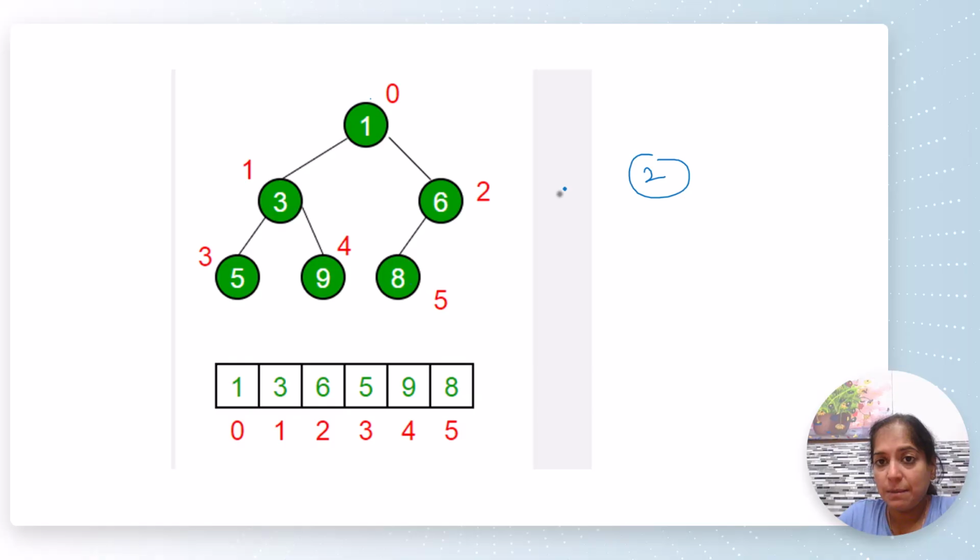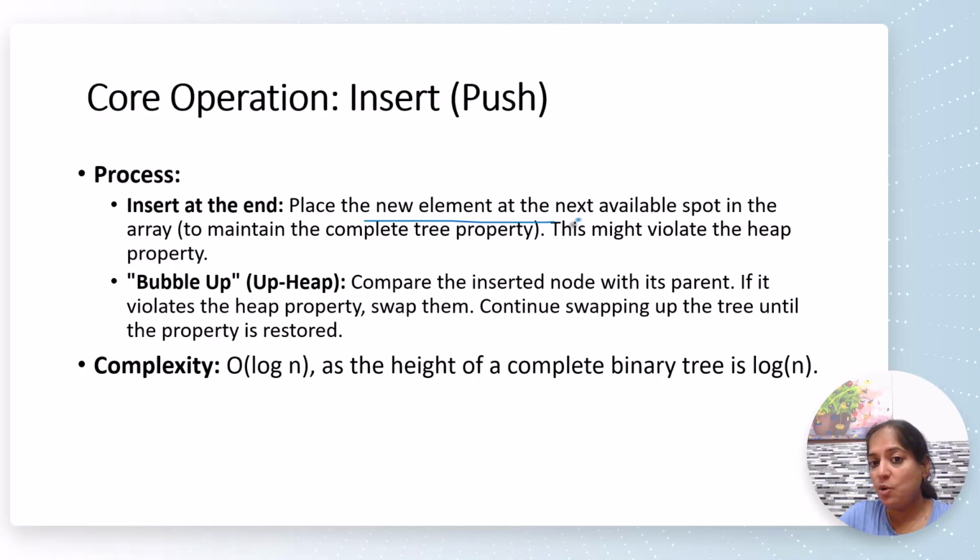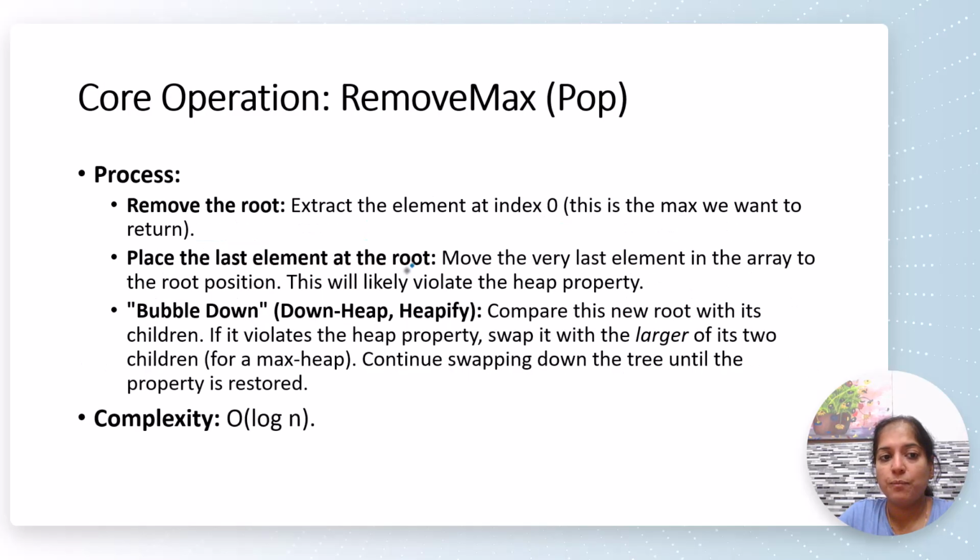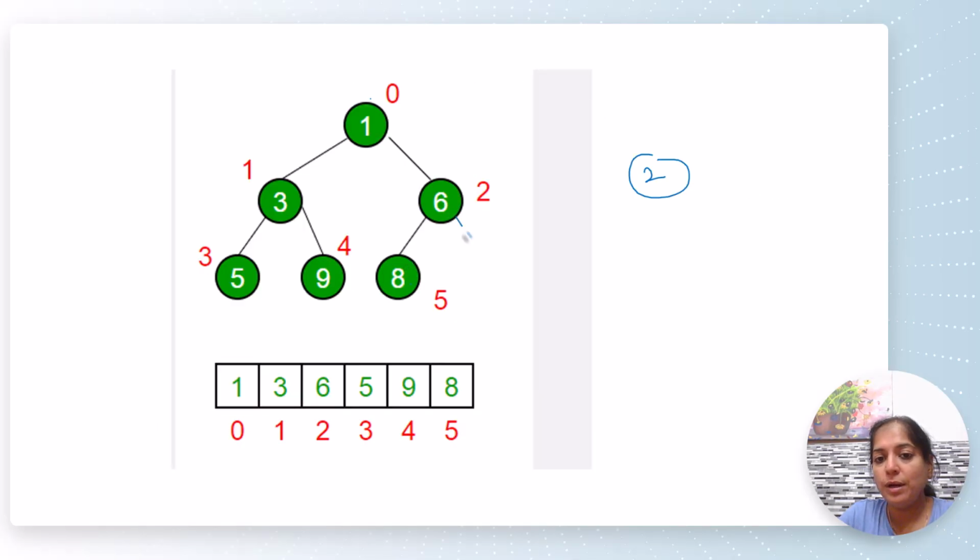The first step is always to insert this element as the last, leftmost element on the last level. Place the new element at the next available spot in the array to maintain the complete tree property. So I will insert the element 2 over here.